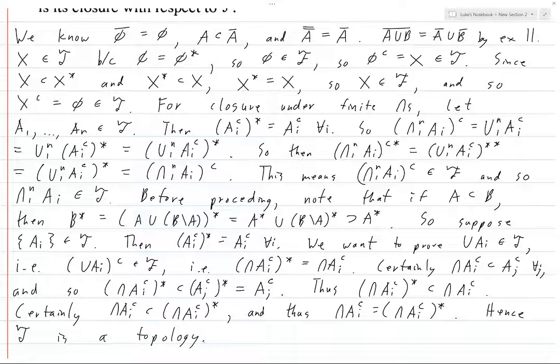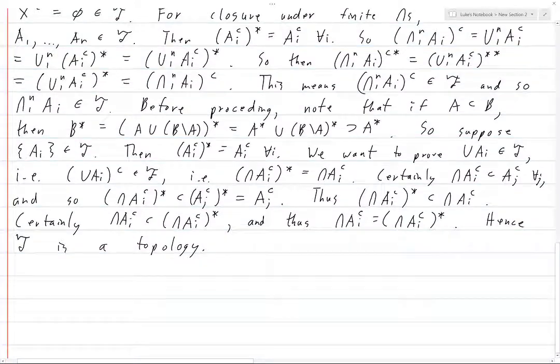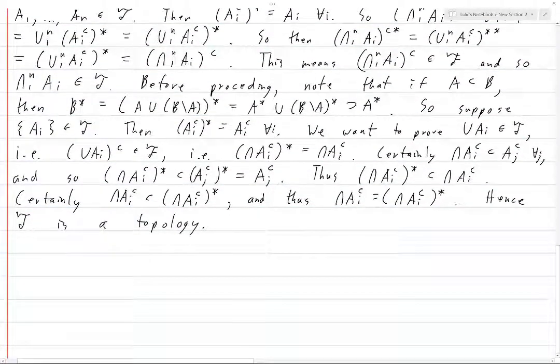Okay. Now there's one more thing that we have to do, and thankfully it doesn't take too long. Let's write out what we want to prove. Lastly, we must prove that for all subsets A of X, the Kuratowski closure of the set is equal to the standard definition of closure in a topological space.